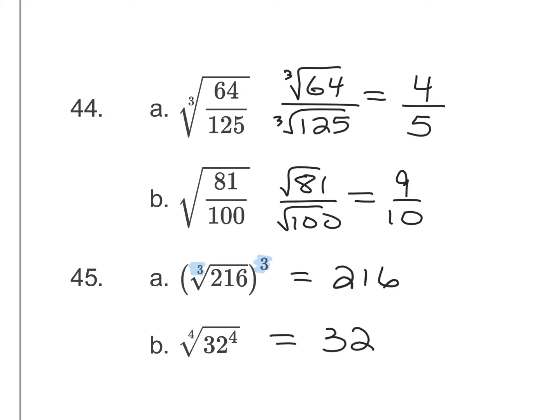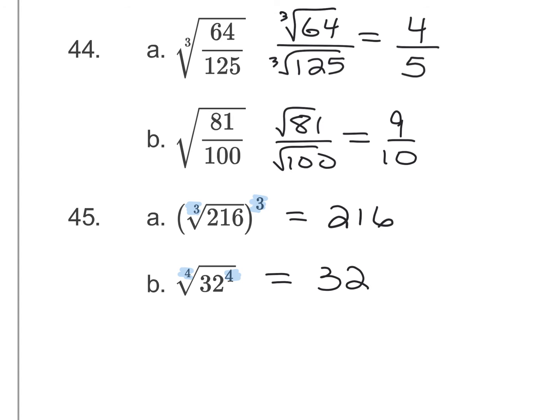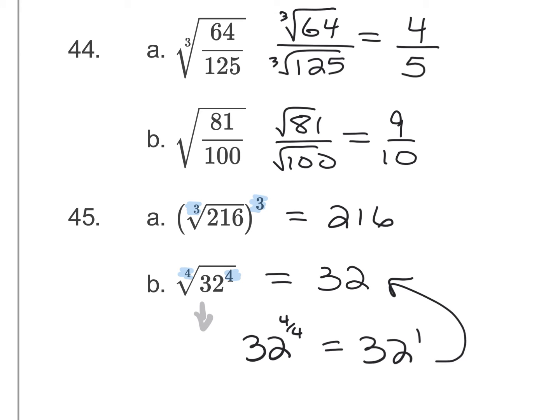You could go through and do it individually, but just realize that whenever the exponent and this are the same, it's going to cancel it. Because if we were to turn this back into fraction exponents, it would be 32 to the 4 over 4 power. And 32 to the 4 over 4 power is just 32 to the first, which takes you back there.